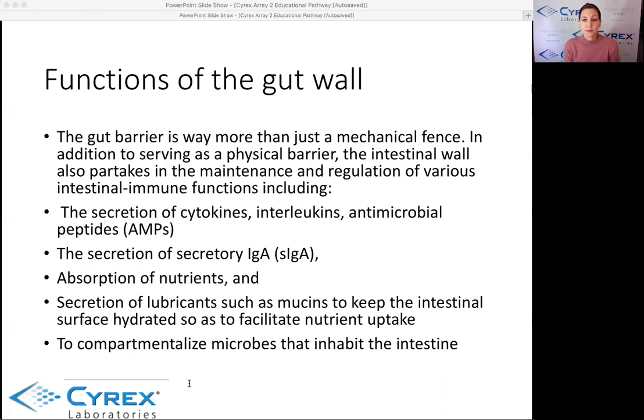So the physical, biochemical, and immunological integrity of this gut wall surface is really indispensable for maintaining and regulating not just gastrointestinal health, but health of our entire body and the organism.